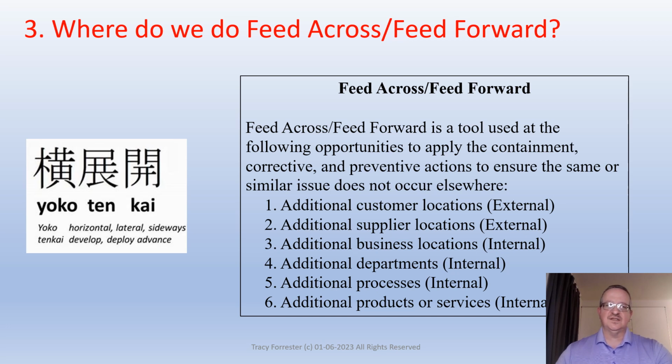Look at your process and tell me what you're doing to prevent that. Other additional business locations, additional departments within the business, additional processes, and again, additional products and services within the business.